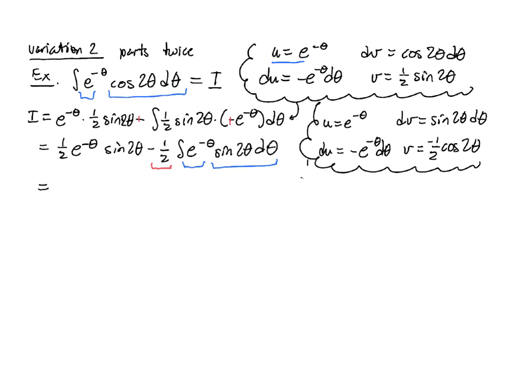So I recopy my first bit, e to the minus theta sine 2 theta minus 1/2 times the entire quantity of what I get from integration by parts here. So now I have my new u times v minus the antiderivative of v du.